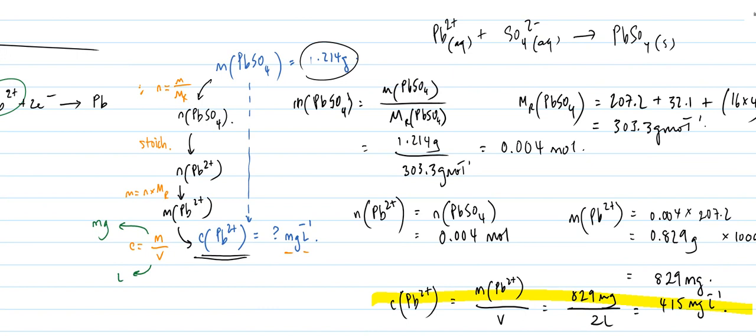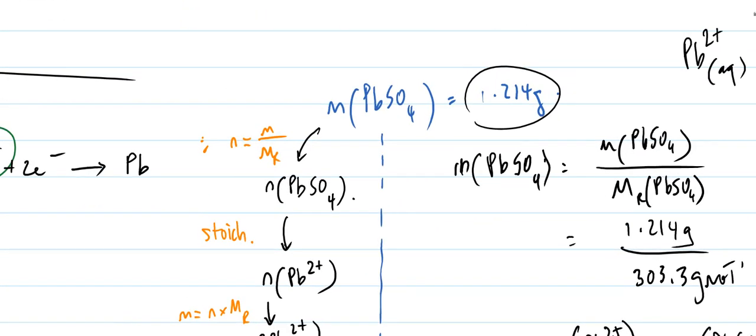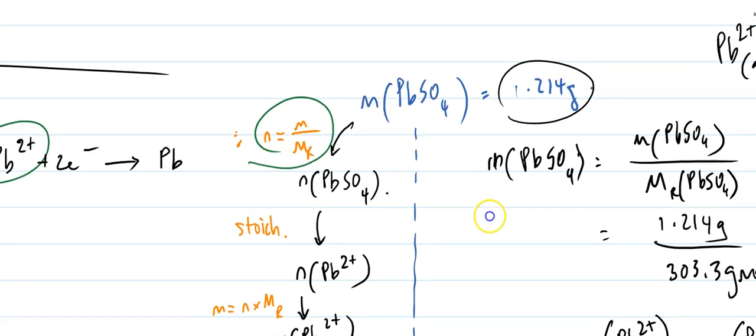And it gets easier to make this plan once you're very familiar with every individual step. So when you're looking at this plan, you would have had to know very well how to go from mass to number of moles. If I wanted to get from mass to number of moles, I would have to apply this circled formula.